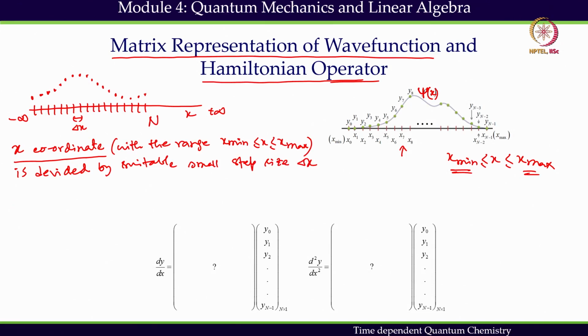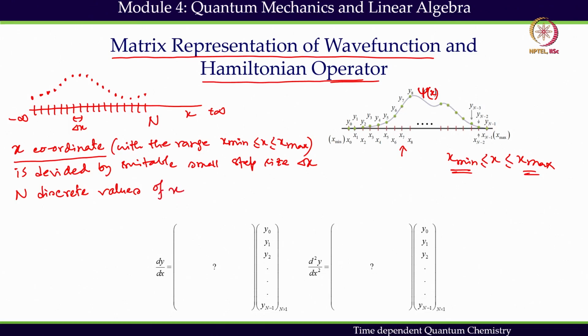And once we produce this grid, let's say I have n discrete values of x within this range.